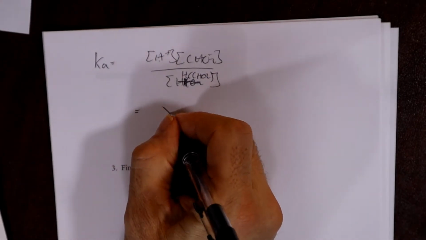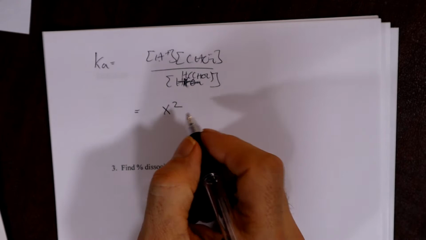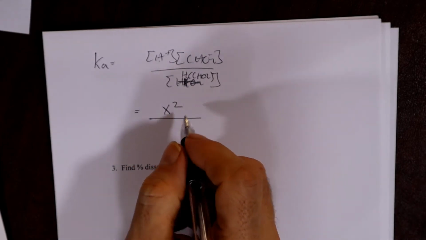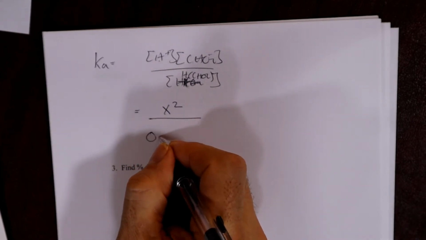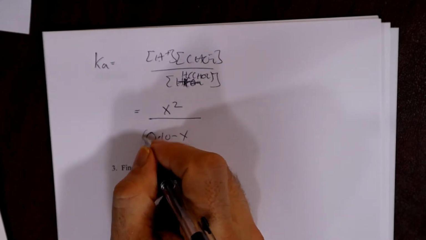Both of these were x. X times x is, of course, x squared, divided by reactants at equilibrium, 0.10 minus x.